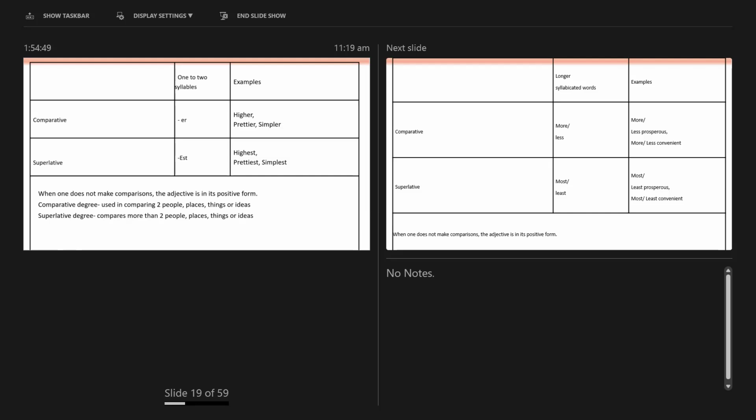So yan. If you want to make it comparative form, you just add ER on adjectives. Higher, prettier, simpler, shorter, taller. And if you want to use the superlative form, you just add EST. Highest, prettiest, simplest, shortest, tallest, longest, biggest. Okay?